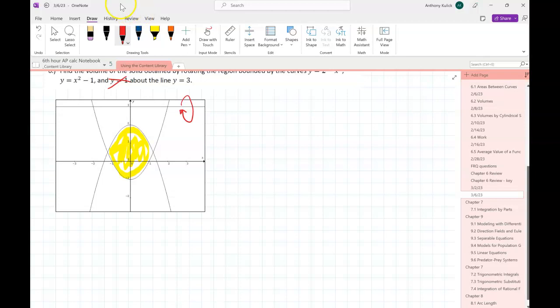So first things first, disc, washer, or shell. Washer, I agree. So my inner radius is going to be to that function, and my outer radius would be to that function. And I'm going to be integrating with respect to which variable? X. Excellent. So what are my bounds of integration? It's that x coordinate, correct?